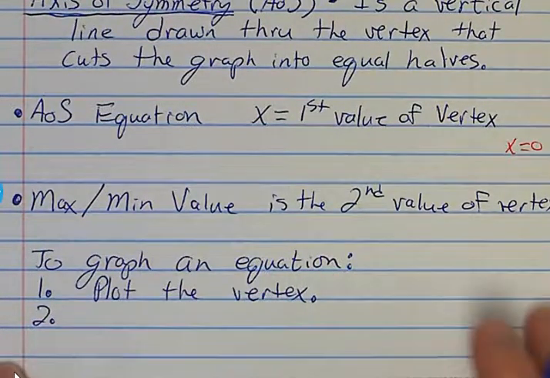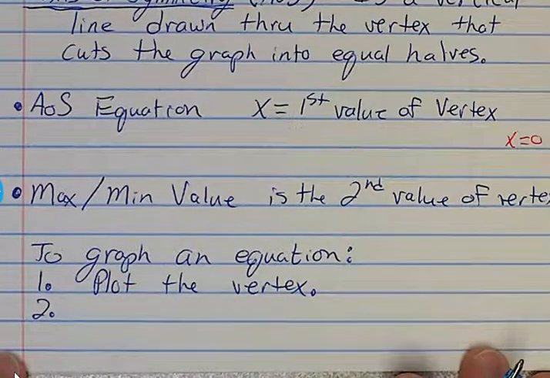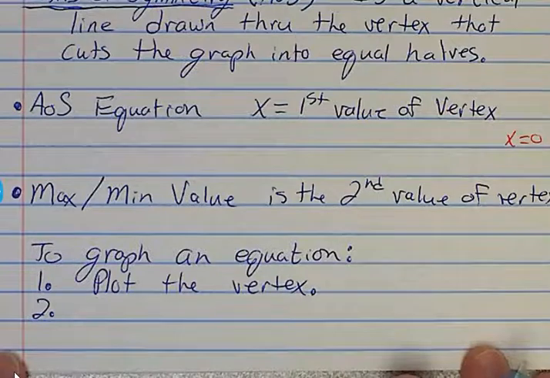Okay, second thing we're going to do, and I hate to say it, but we're going to kind of cheat the system a little bit, because here's technically what we're supposed to do.